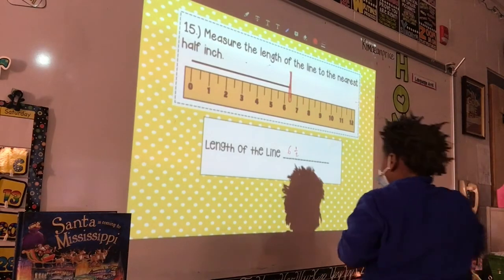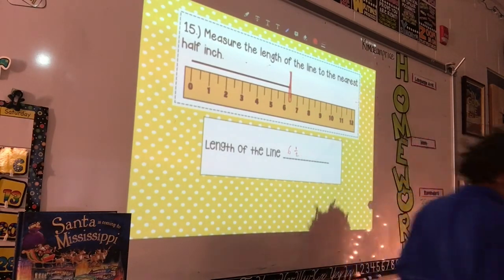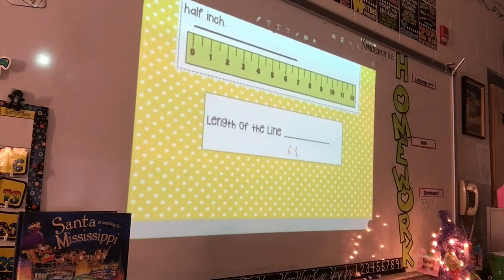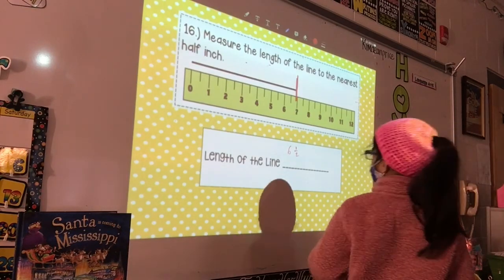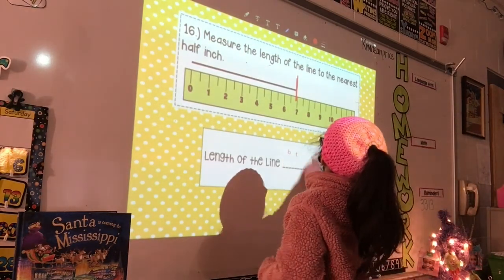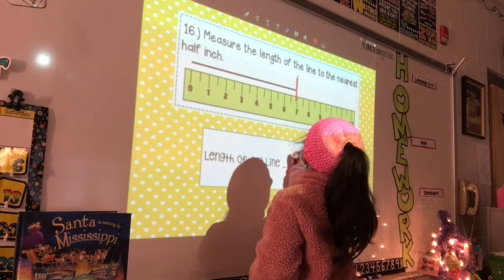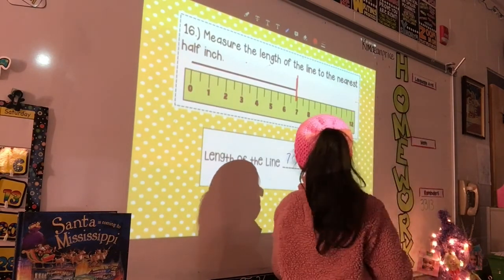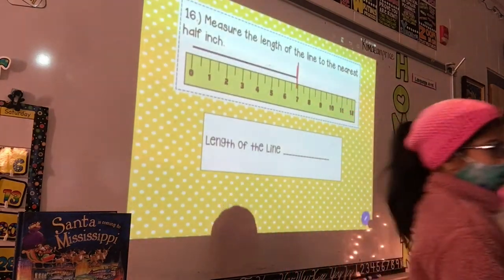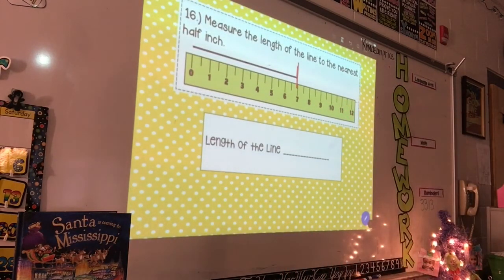So put an X over 6.5. Okay? And Ashika. Perfect. 7. So put an X over 7. Okay? So that's the last one, and now we're going to go to the questions.